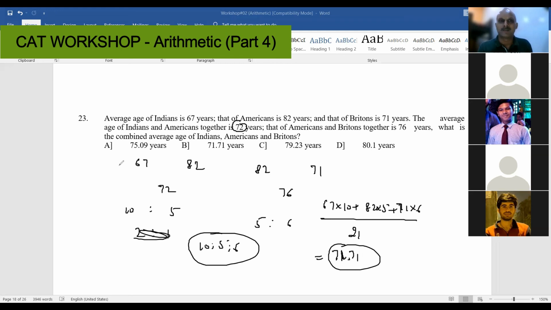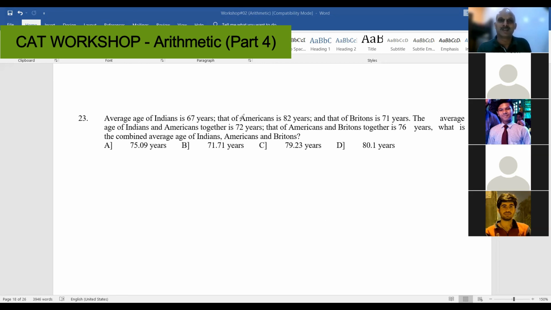But there is an even faster method. You can do this question orally in quick seconds. The average of Indians and Americans is how much? 72.